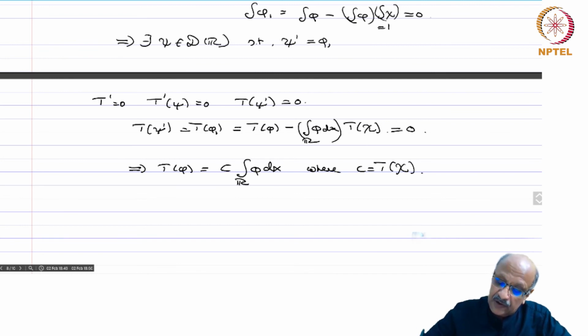There is one point which should however worry you, namely we have chosen chi to be any function in D of R such that its integral is 1. And so if I chose some other function, will I get a different constant?